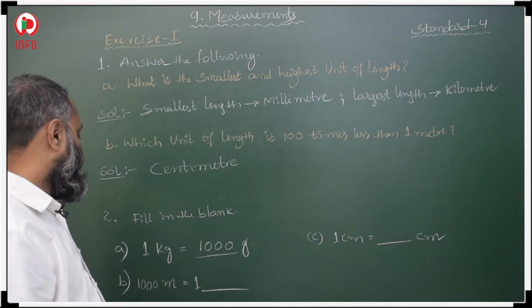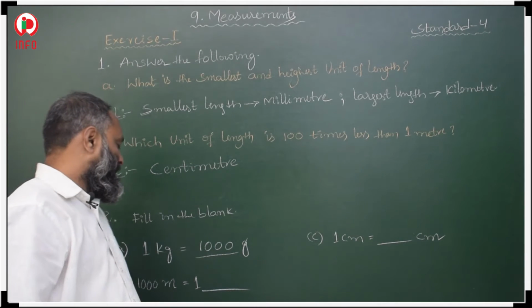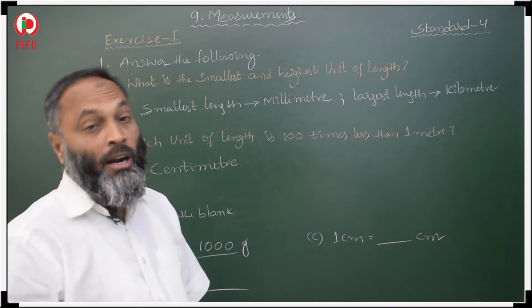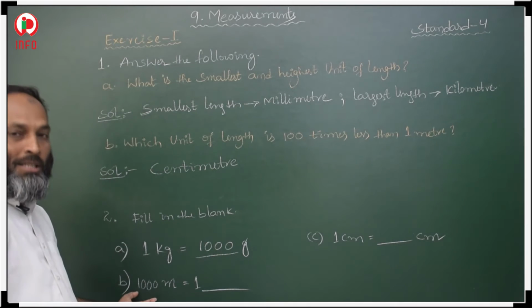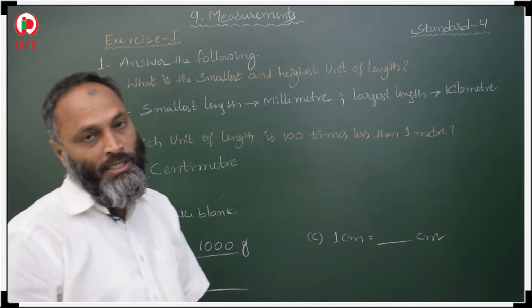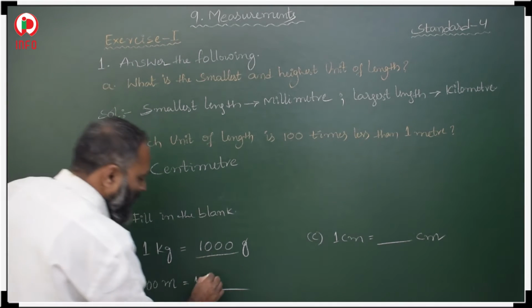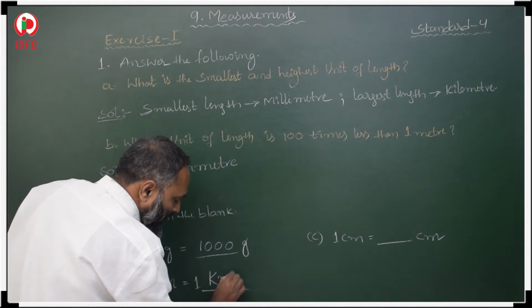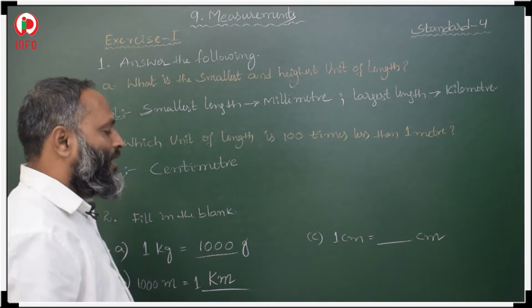Okay. Now 100 meters is equal to what? Not 100, here 1000, sorry. So 1000 meters make 1 kilometer. 1 kilometer is equal to 1000 meters.